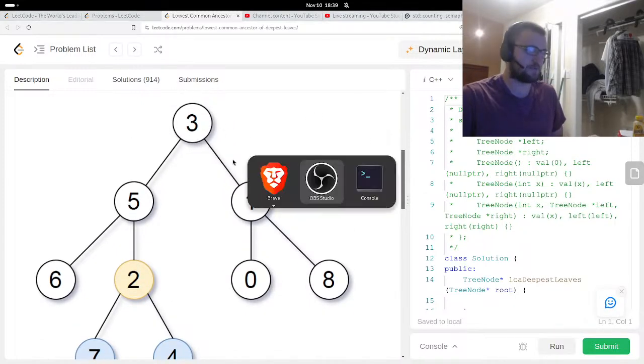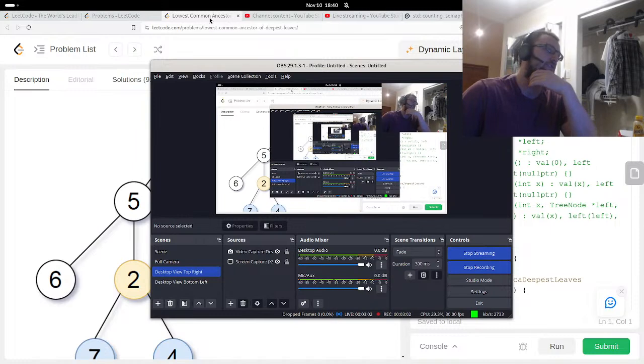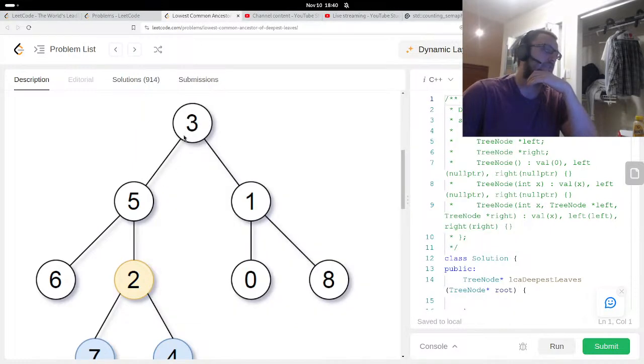Okay, I think the thing to do is first find the greatest depth. Start with that. So one pass to find the greatest depth. The next pass is for each node, find its depth and the greatest depth of all of its ancestors.